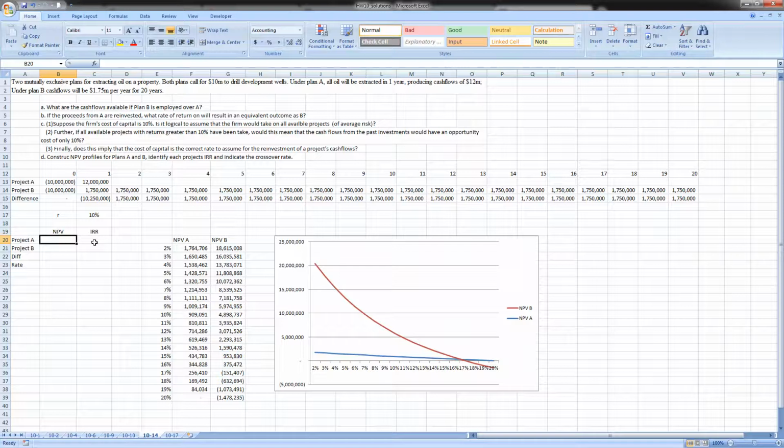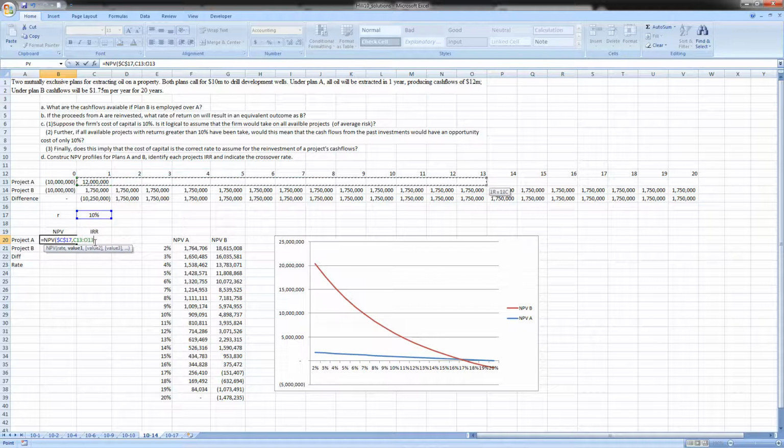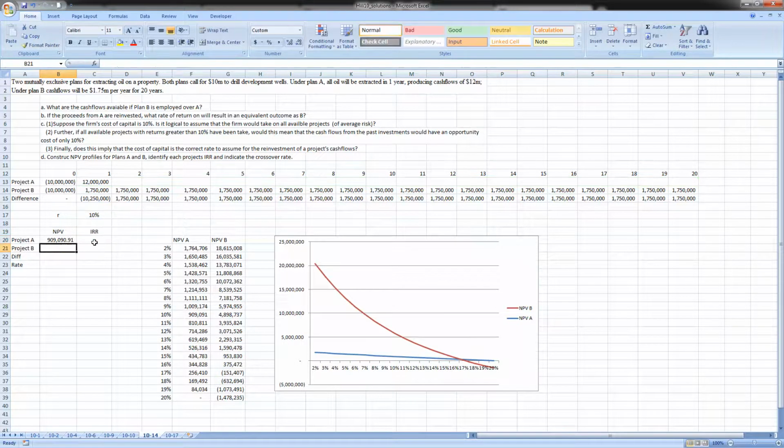So skipping ahead, for A, we'll find the NPV. And the NPV for Project A, $909,090.